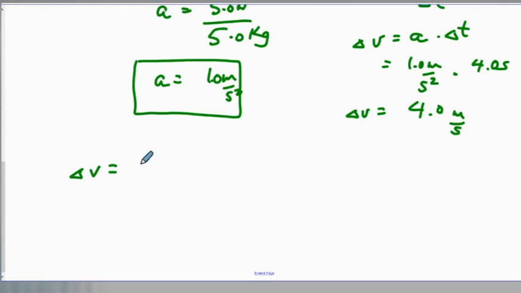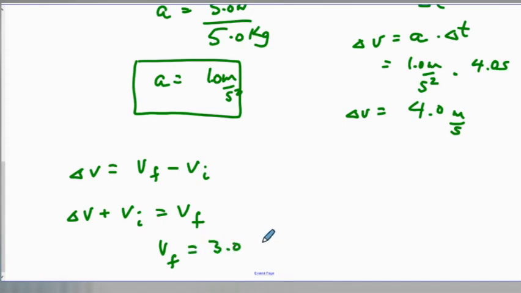Well, I know that my initial velocity, let's take a look here. My change in velocity would be my final velocity, subtract my initial velocity. And we know the initial, so we could move that around, say that our change in velocity plus our initial velocity will equal our final velocity. I wrote them in the wrong order.